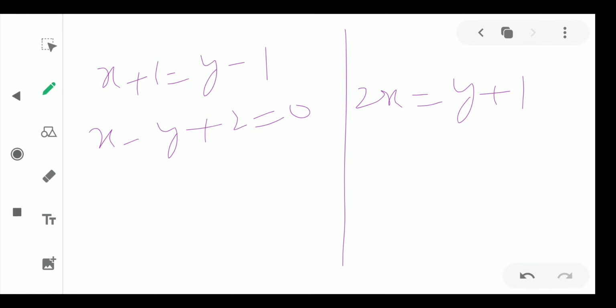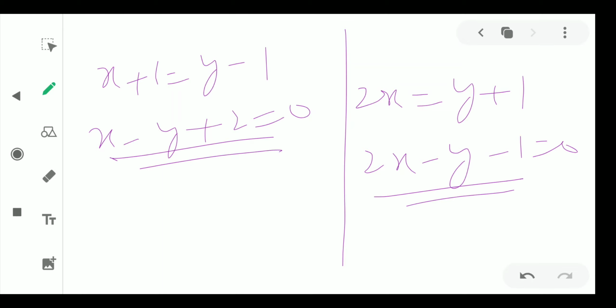If I bring all to one side, 2x minus y minus 1 is equal to 0. So this is equation 2, this is equation 1. This we have to solve. We can solve this by the elimination method very easily.